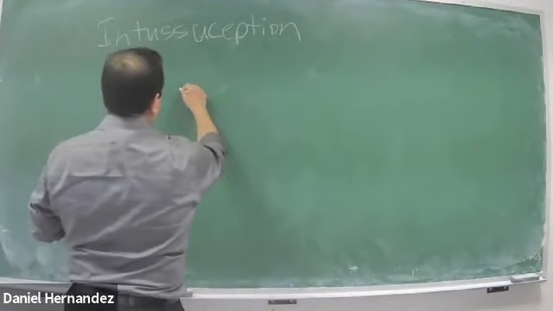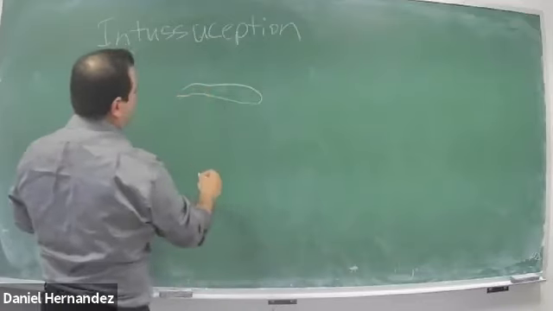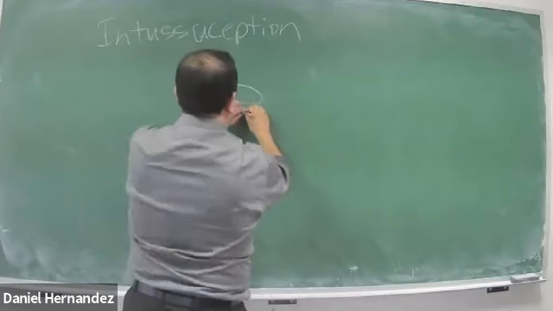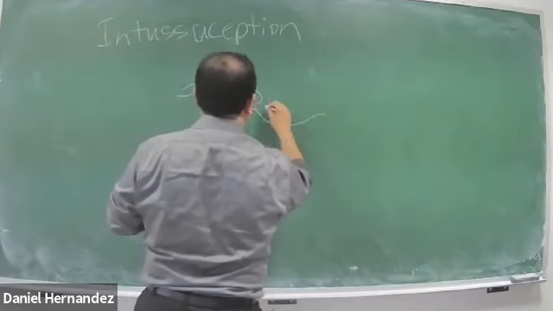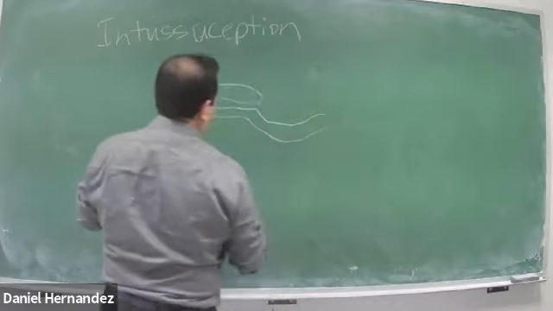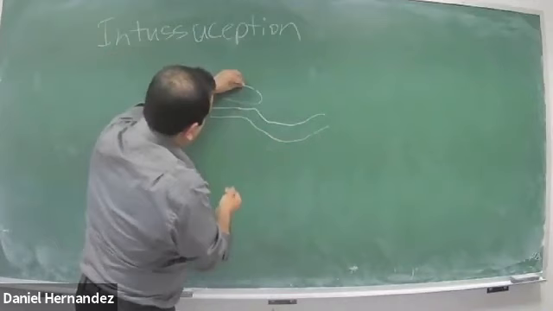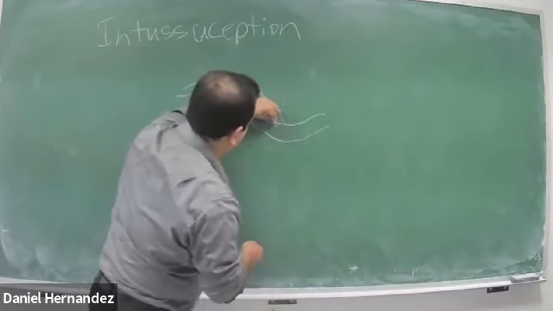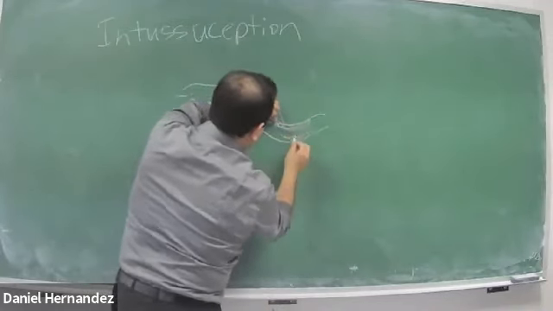So got a loop of bowel here, and another loop of bowel here. So this loop of bowel will actually kind of push into this other loop of bowel and force this wall of the bowel to kind of prolapse inward.